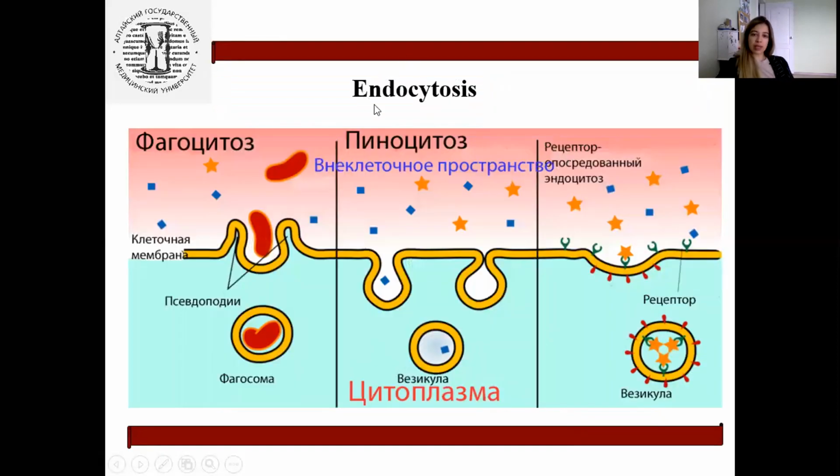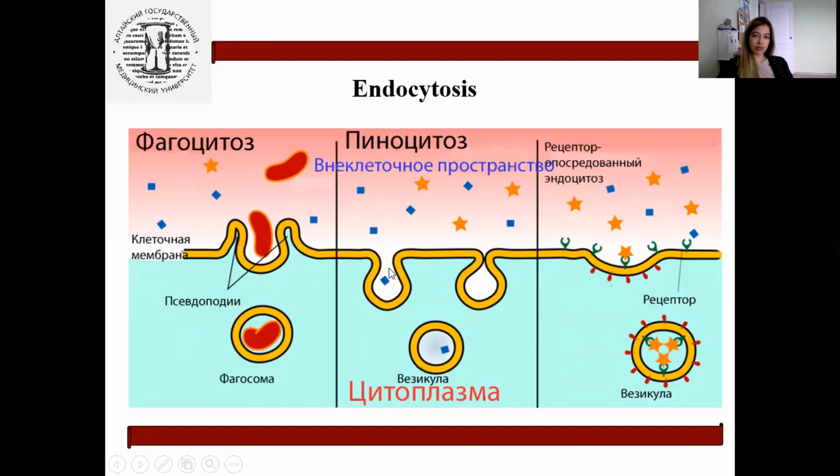Also, we have endocytosis. Again, sorry for the Russian here, but what is it? So here it's inside the cell, this is outside the cell, and it can be phagocytosis or pinocytosis. In this case, the membrane can capture this particle to bring it inside the cell. If this is a solid substance, this is phagocytosis.